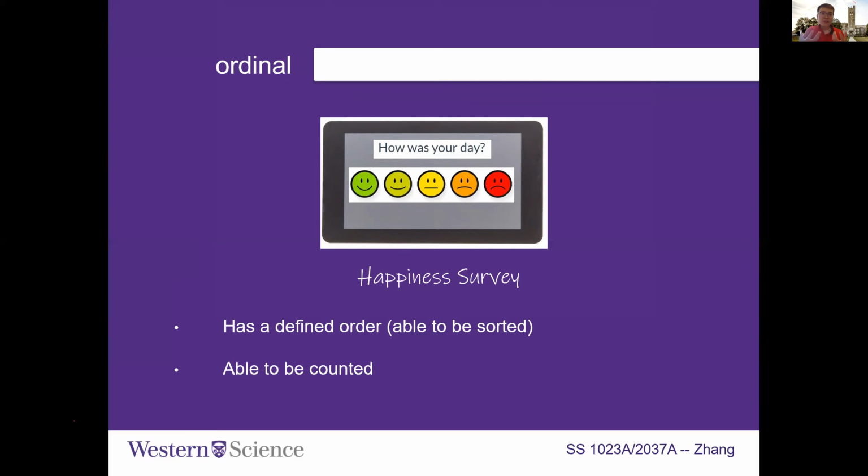If you believe it is not comparable, then it should not be sortable. For the color example, it's not that straightforward, but for the happiness survey, I believe it is very straightforward that we can say these two categories are comparable, because there is apparently more unhappiness in this category than that one. So they are comparable.